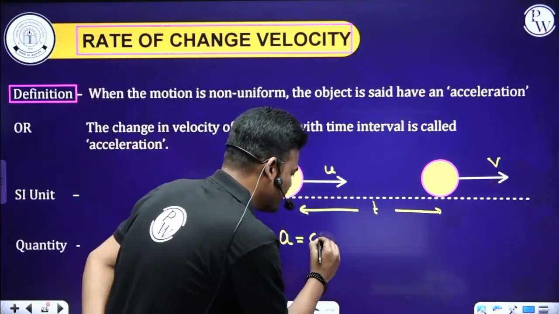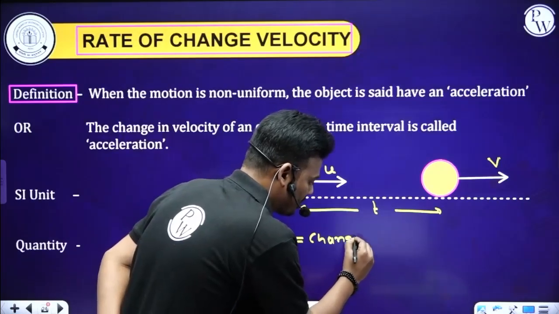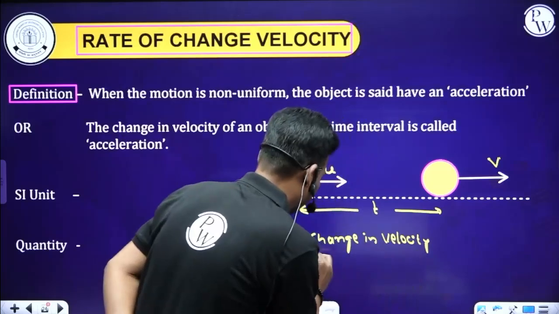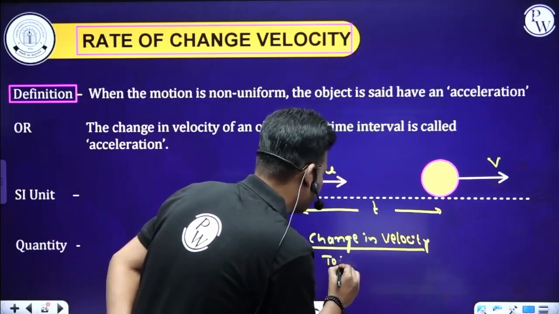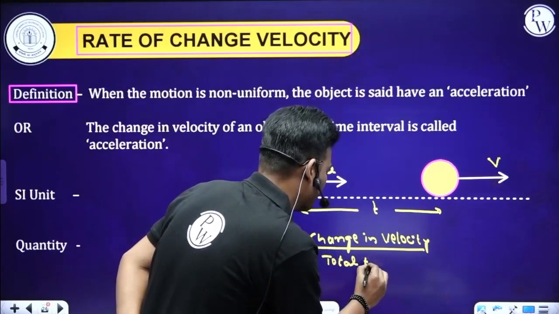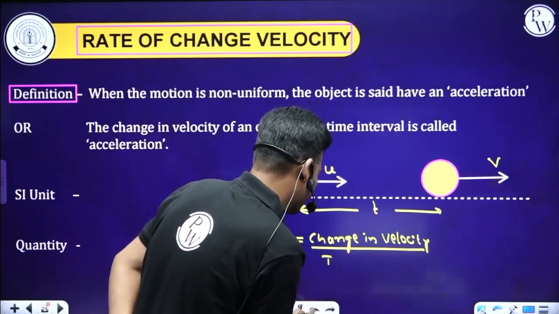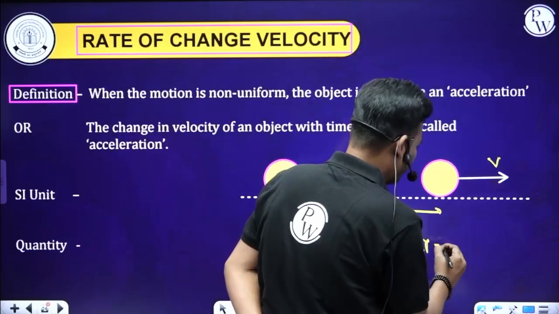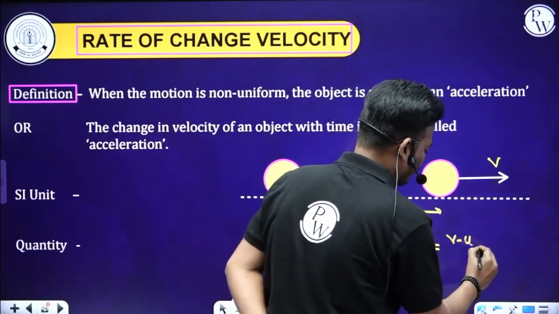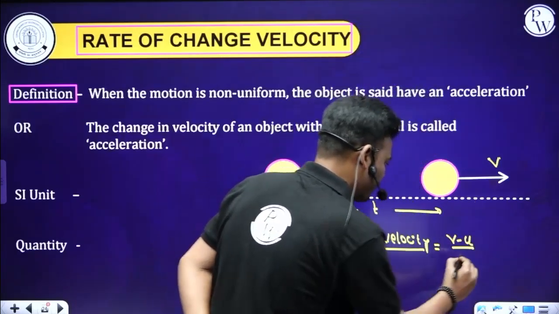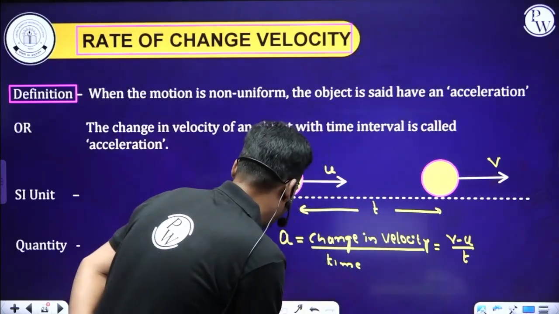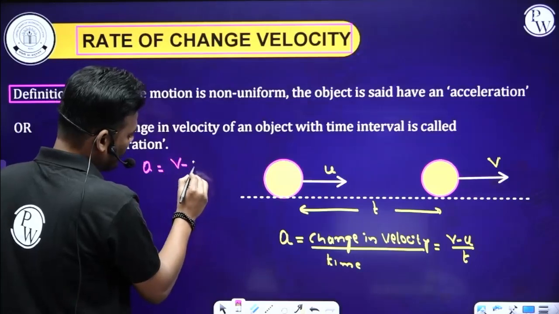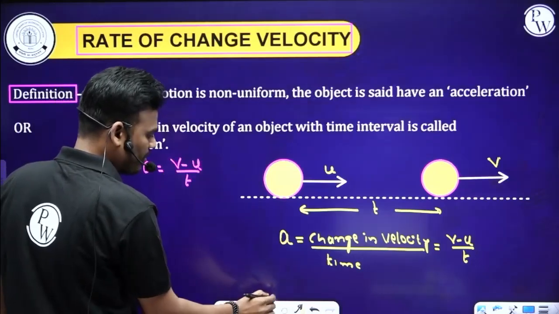Acceleration a is change in velocity divided by time. Change in velocity means final velocity minus initial velocity, divided by time. Finally, you can express acceleration as a equals v minus u divided by t.